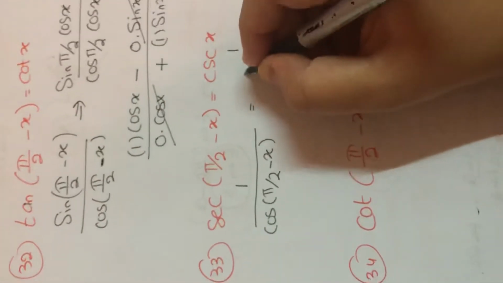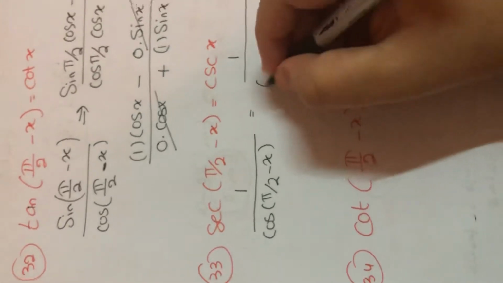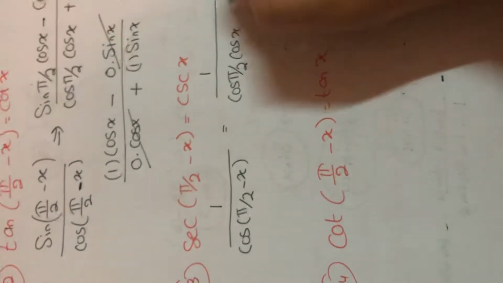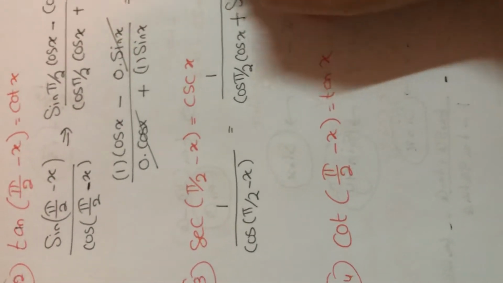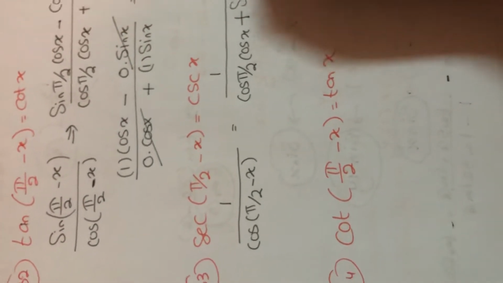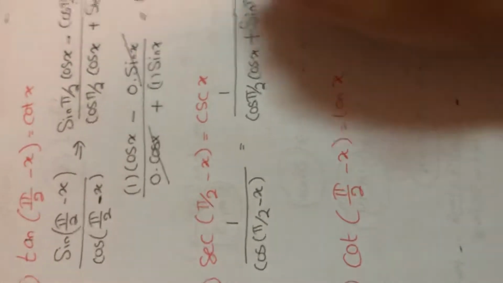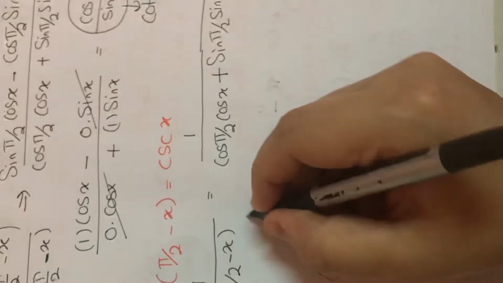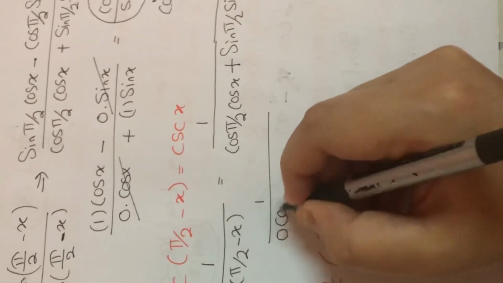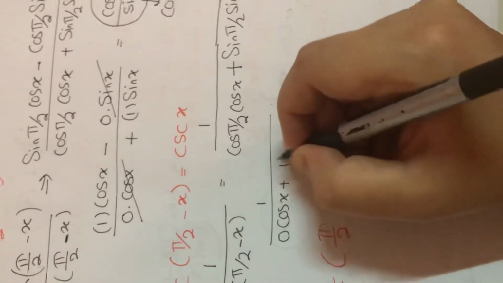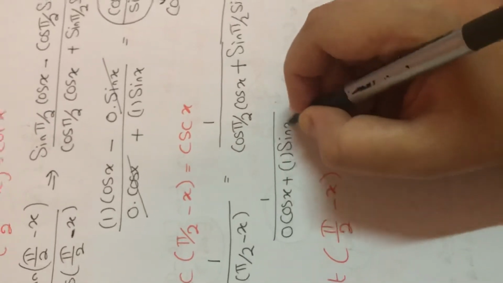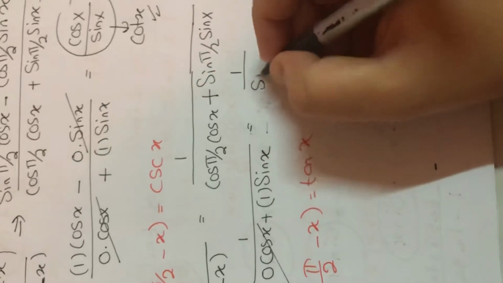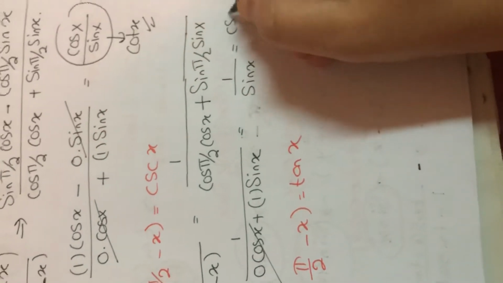So it is 1 over, in the cosine we do cosine cosine, cosine pi over 2 cosine x, and the opposite sine, sine pi over 2 sine x. Okay, cosine at 90, I didn't move right or left, is 0. So 1 over 0 times cosine x plus sine at the 90 is 1 times sine x. This is gone. I ended up with 1 over sine x, and that is cosec x.